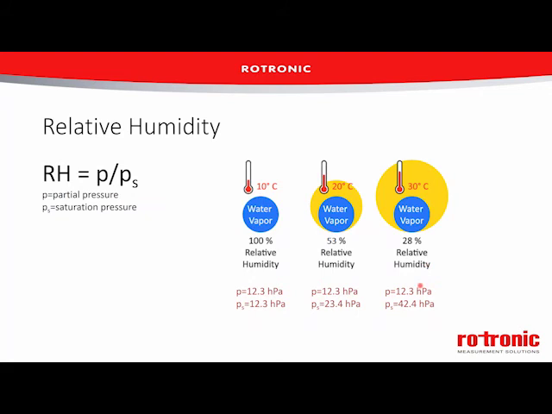We cool down the air, the saturation vapor pressure gets lower, same amount of water, and now we're at 53%. We cool it even more, to 10°C, the bucket size has shrunk, saturation vapor pressure has dropped, and now we're at 100% relative humidity. And that is how you calculate relative humidity.